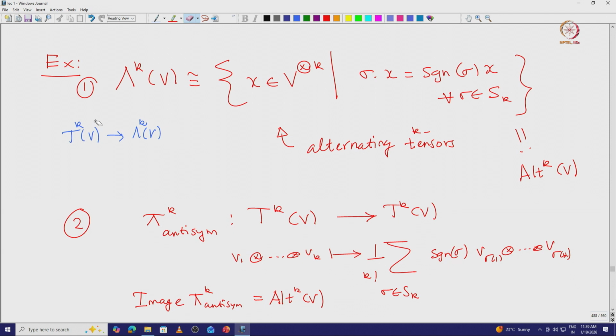This result tells you that this has a splitting, so you can identify the image of Lambda^k V inside T^k V, and the image is going to be exactly this alternating k V.